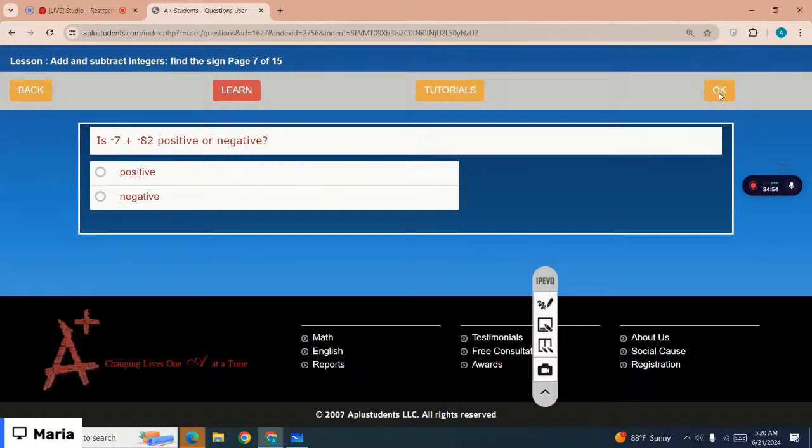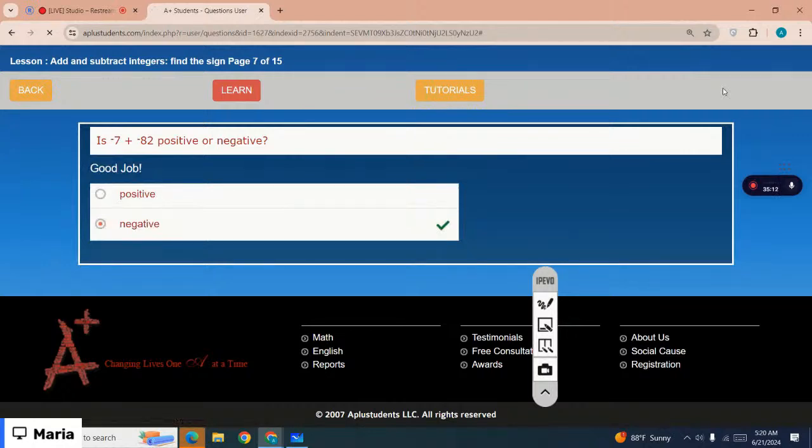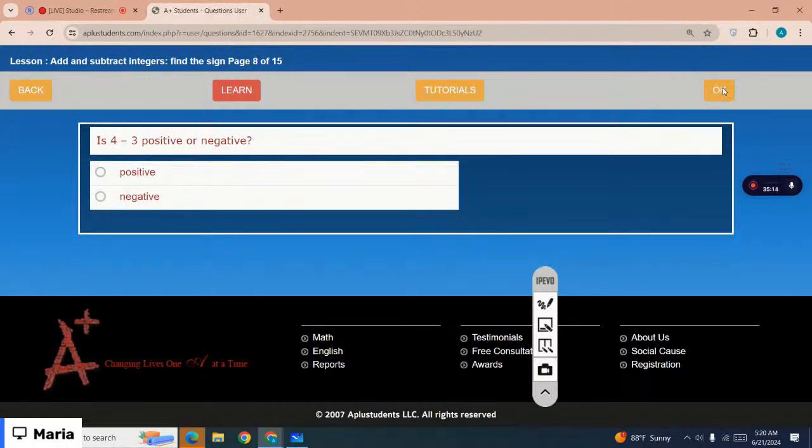Okay, is negative 7 plus negative 82 positive or negative? So now you are adding two negative numbers. So the answer must be negative. The correct option is negative. Is 4 minus 3 positive or negative? 4 is the greater number. 4 is positive.